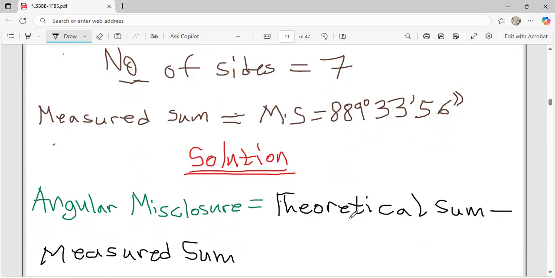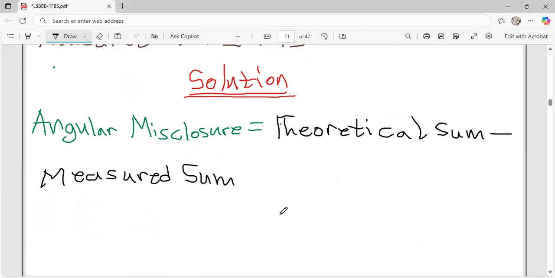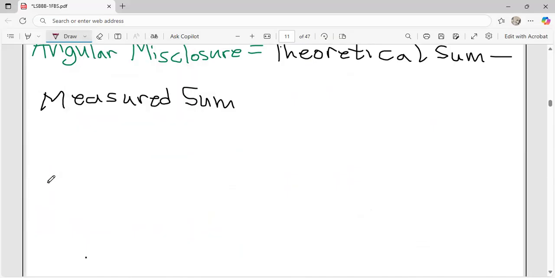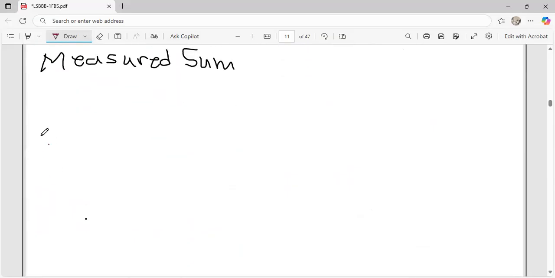But the theoretical sum is not known, and it is what we have to look for to be able to put it into the equation and solve. So let's denote this as our theoretical sum. It's equal to N minus 2, times 180.